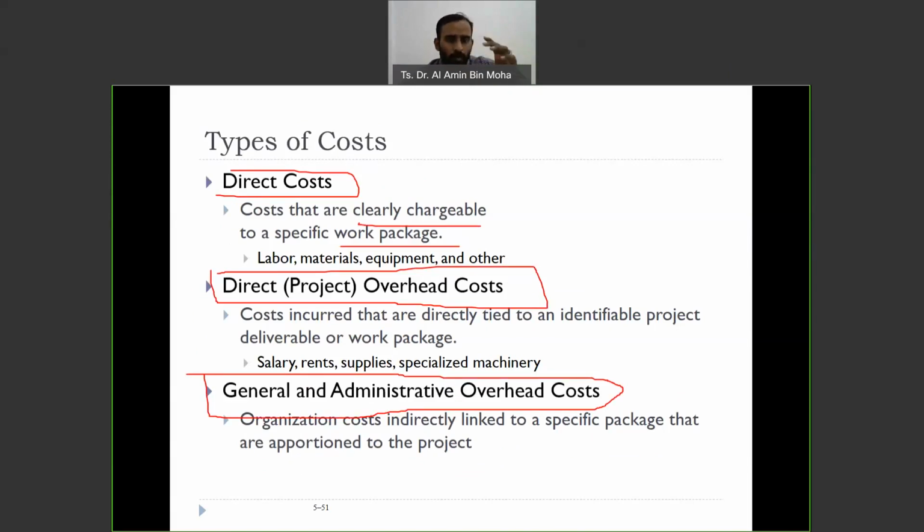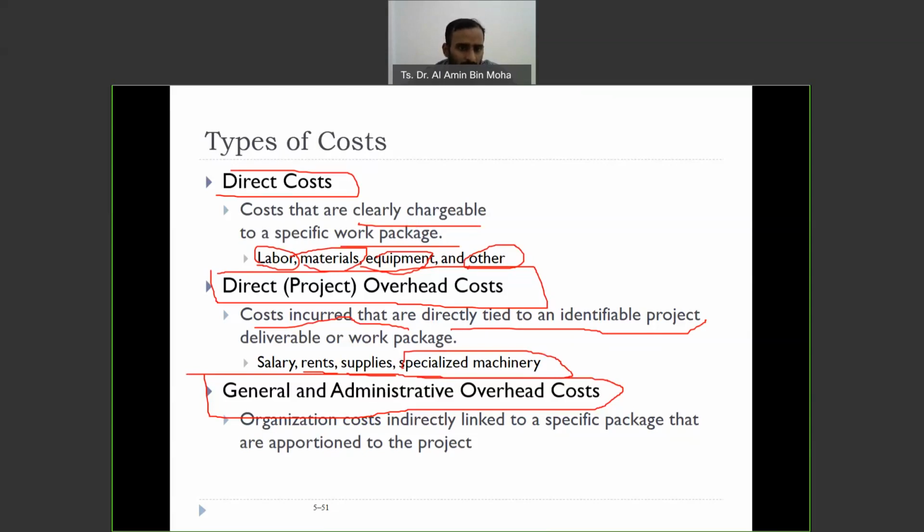So you have the work package, right? Which product is to be manufactured, what to do. If it's specifically related to that, we call it direct cost. Usually it's labor cost, materials cost, equipment cost, and others. Direct project overhead cost is basically cost incurred that is directly tied to an identifiable project deliverable under all work packages. Usually salary, rents, supplies, specialized machinery.